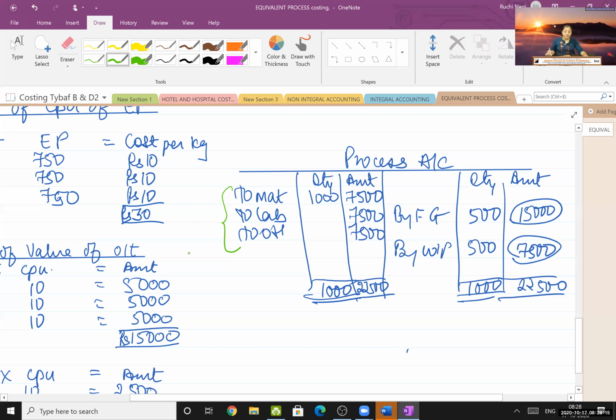Debit the expenses, material. How much quantity input? 1000. Value is 7500 with the cost. Then labor 7500, overhead 7500.